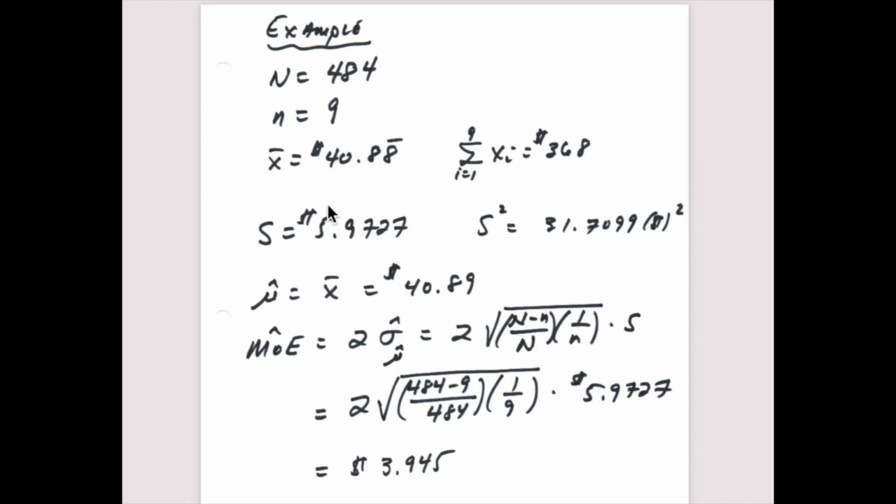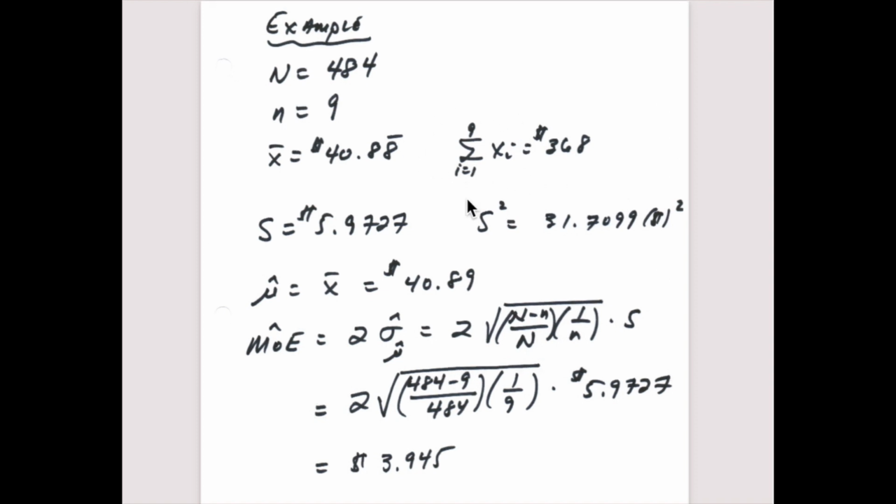The sample total is $368. The sample standard deviation is $5.9727, rounded to 4 decimal places. The sample variance would be 31.7099, again, dollars squared. Remember that the units on the variance are the square of the units of the original data.